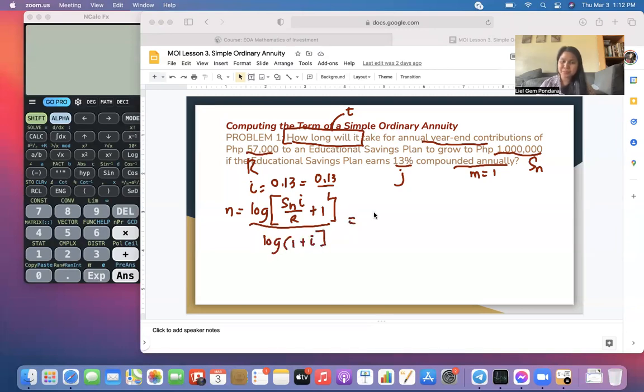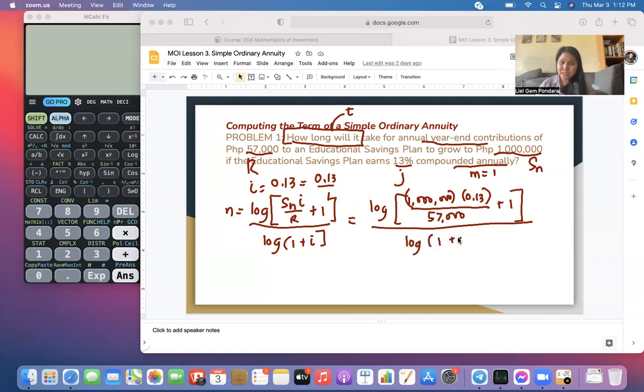Let's first substitute. That will be log of (1 million times 0.13 over 57,000 plus 1) over log of (1 plus 0.13).